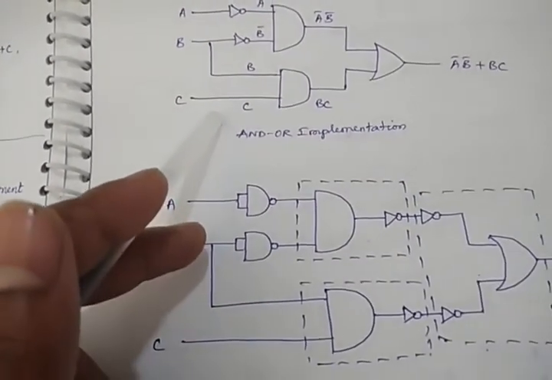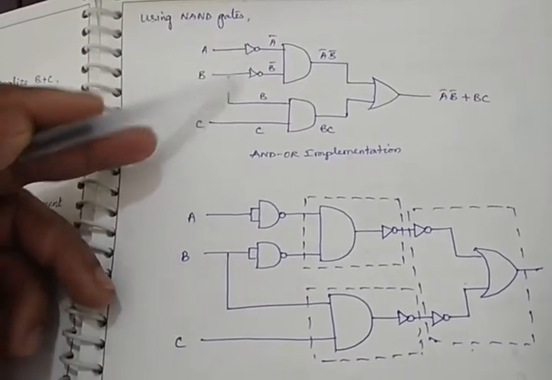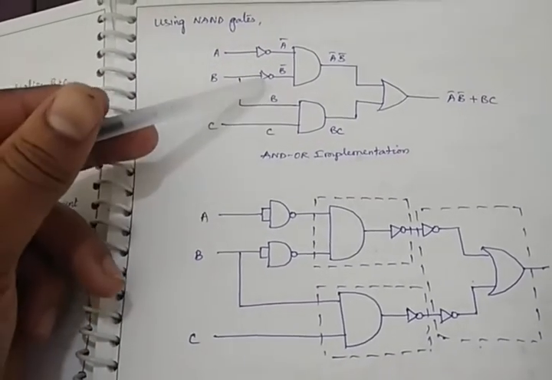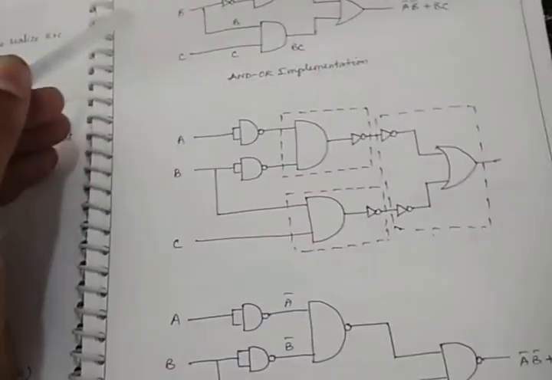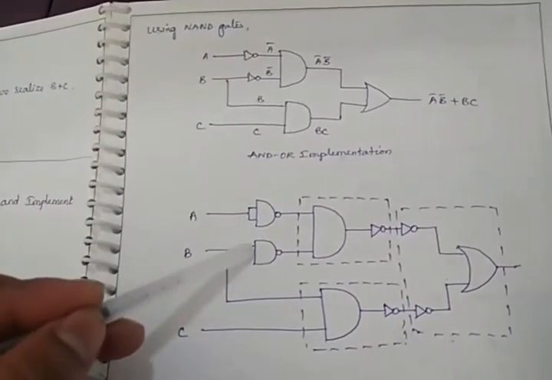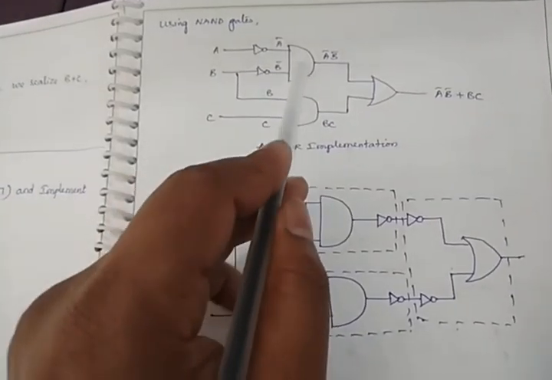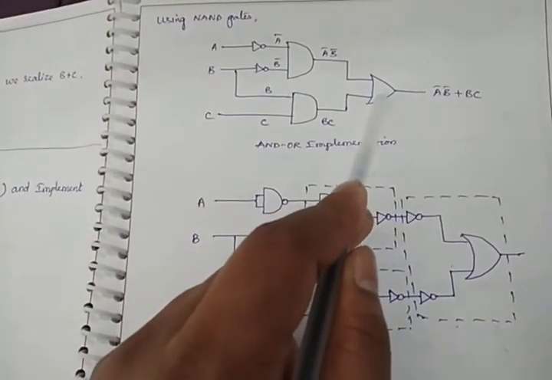Later, what I am going to do is, here a NOT gate is there, no? Instead of the NOT gate put a NAND gate. Here also, instead of the NOT gate put a NAND gate. And here an AND gate is there. Here an OR gate is there.